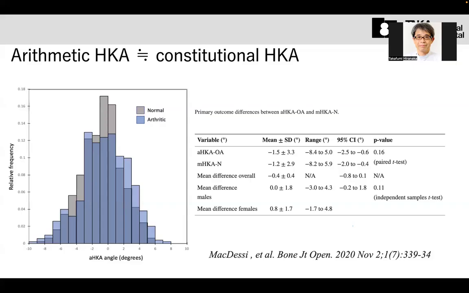They restricted the total HKA from 5 degrees varus to 3 degrees of varus, and for MPTA and LDFA, plus or minus 5 degrees. We call this range the safe zone, and the border is called the boundary.